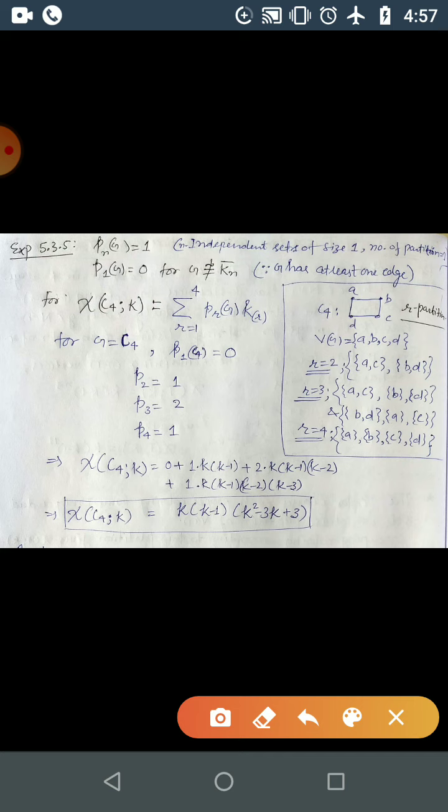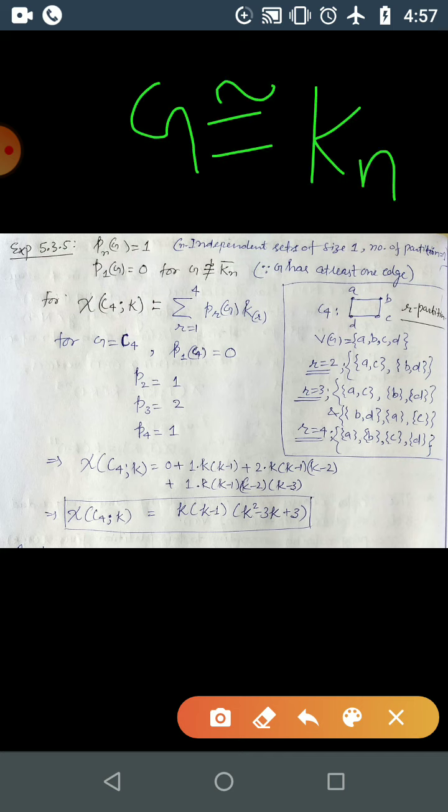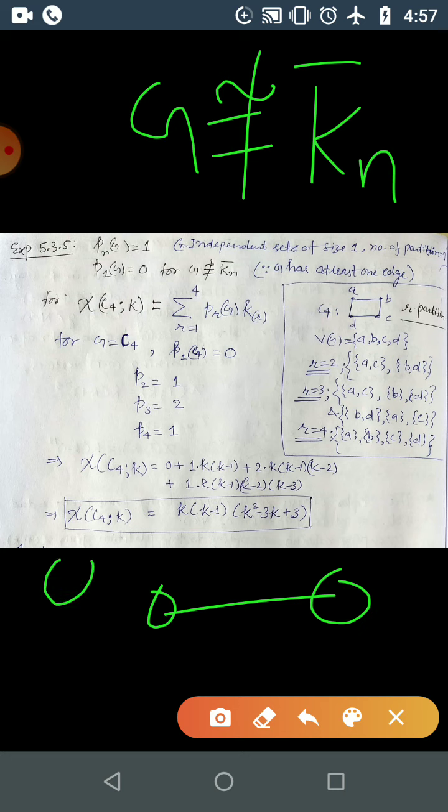And whenever G is not isomorphic to the complement of K_n, you can say G has at least one edge, correct? Not isomorphic means G has at least one edge, then you need at least two colors.